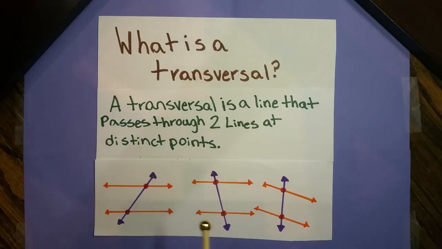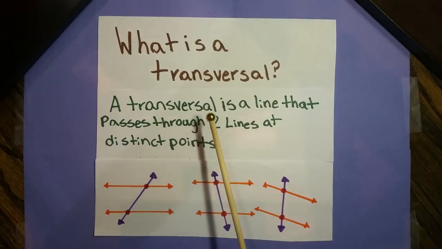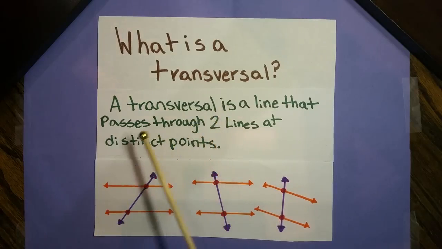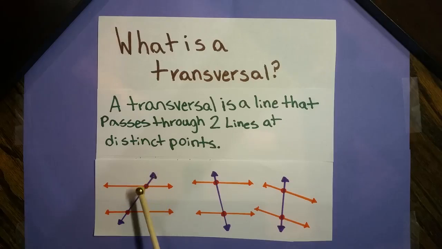The orange lines are the lines that the transversal is passing through, while the purple lines are the actual transversal. As you see here, it can only pass through distinct points. And as you see here, the transversal is passing through 2 distinct points, clearly marked in red.